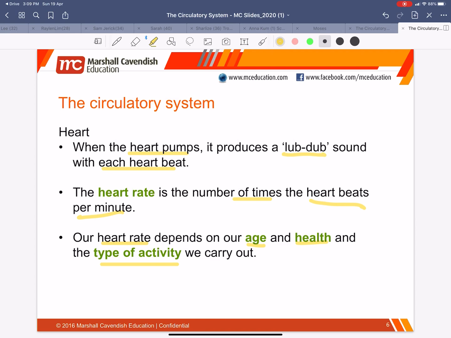Generally speaking, we would have a higher heartbeat rate, given everything the same, our age and health conditions being the same, the higher the level of exercise intensity. The higher the intensity, the higher our heartbeat rate, which I'm going to explain to you in a little while.